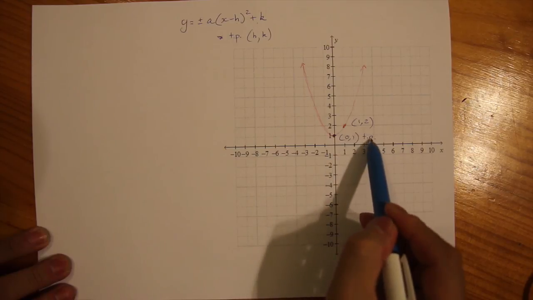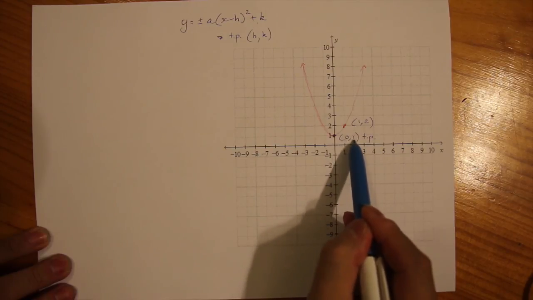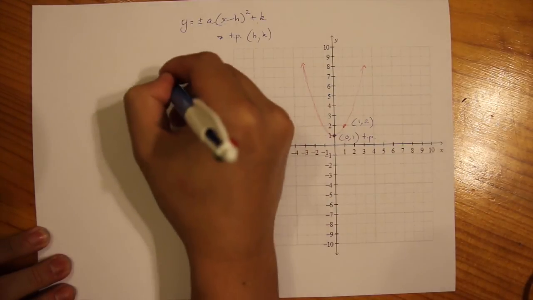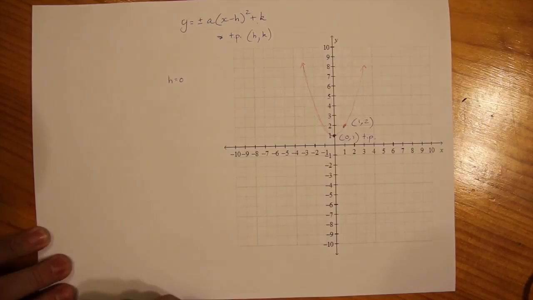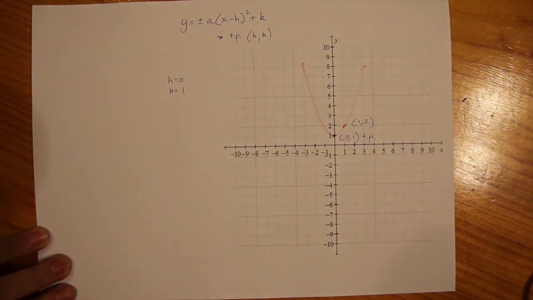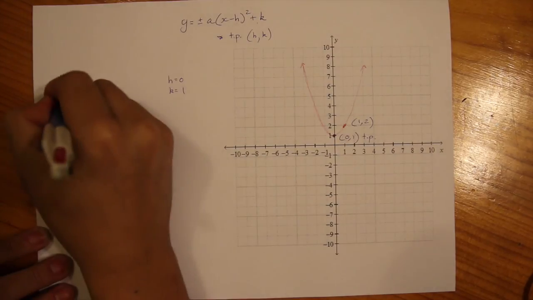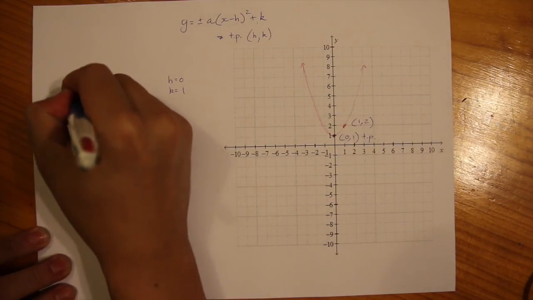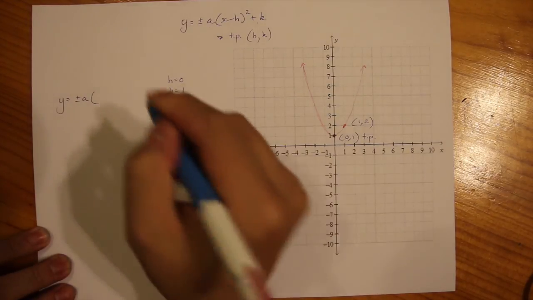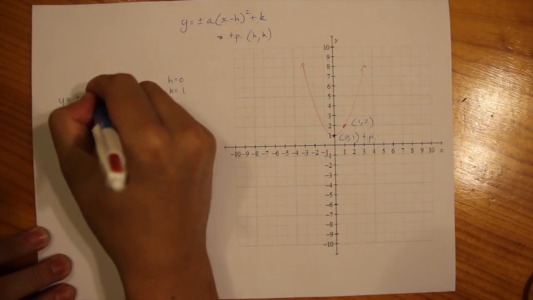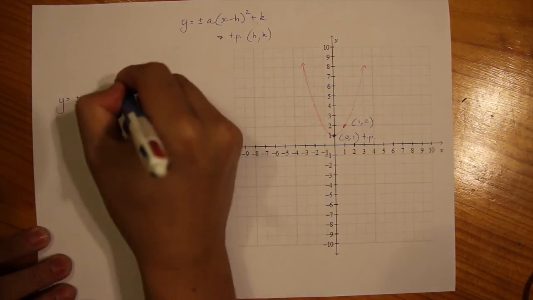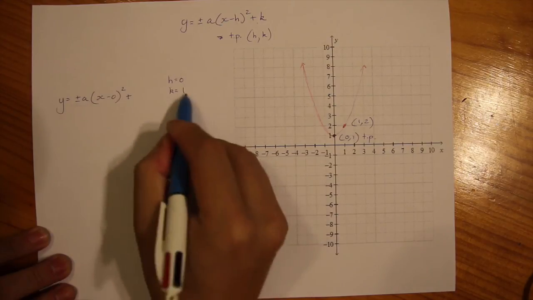So what I can do, with the turning point, is substitute these values into this equation. So h equals 0 and k equals 1. So let's substitute it and see what we have so far. We have plus or minus a, okay, and we have (x minus 0) squared plus 1.